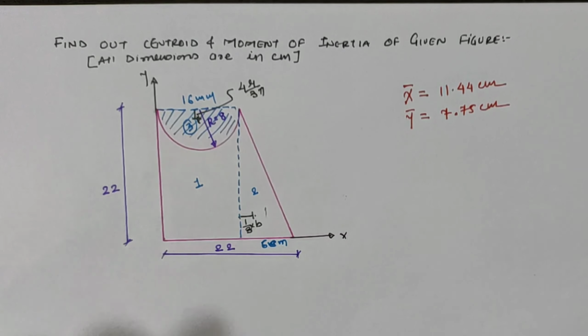Now x bar and y bar show the CG of the given section with respect to the vertical y and horizontal x axis. So first of all, for x bar equal to 11.44, our CG is near about the dotted line described, as well as for y bar, 7.75 is near about here.